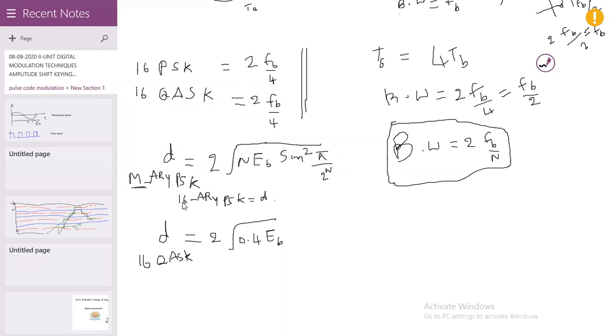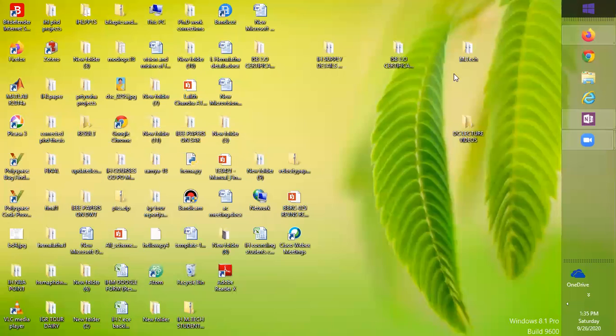Here N is equal to 4, D equals 2 into root of N into EB sine square 5 by 2 to the power of N. You can calculate here. So which one is an advantage? Bandwidth is same, but the distance between these two is different. You can calculate this one and tell me.